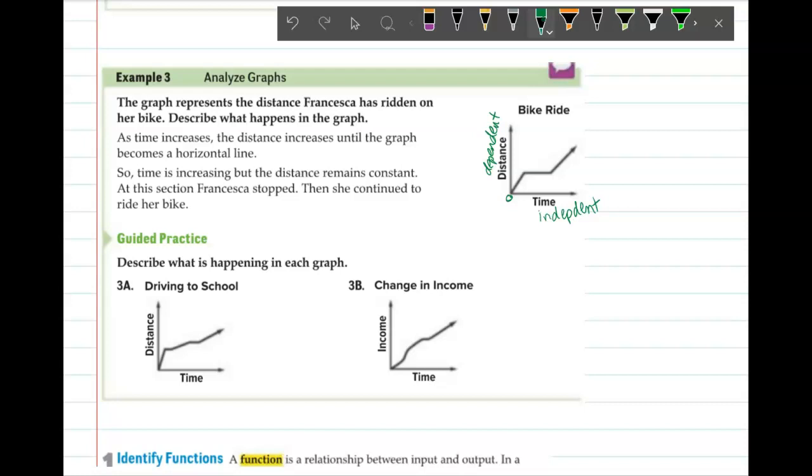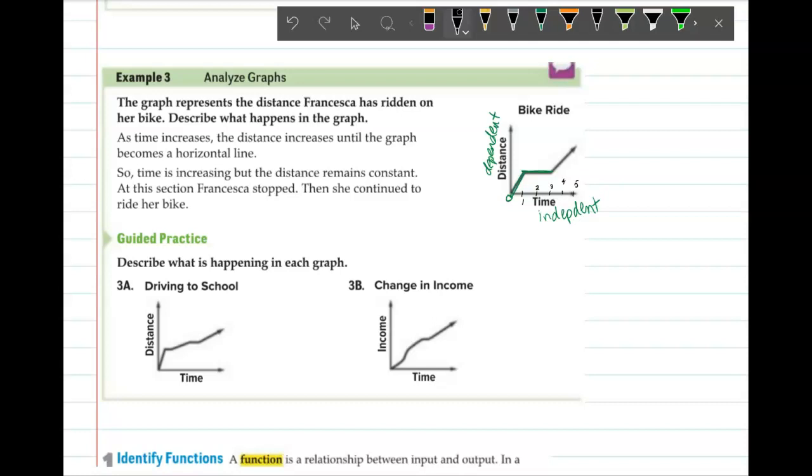Francesca starts riding her bike and the distance is going up, so she's getting further away from home. And then the distance doesn't change for a set amount of time. And it's not labeled on the graph, but we could label it. Maybe this is 1, 2, 3, 4, 5. Maybe we're talking minutes. So for the first minute, she's riding away from the house, wherever she started.